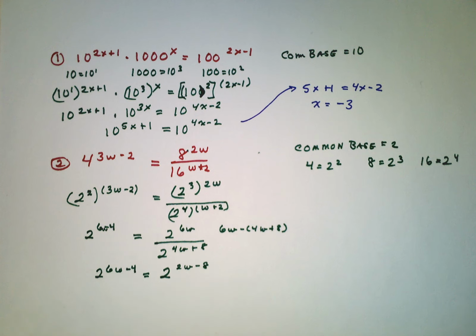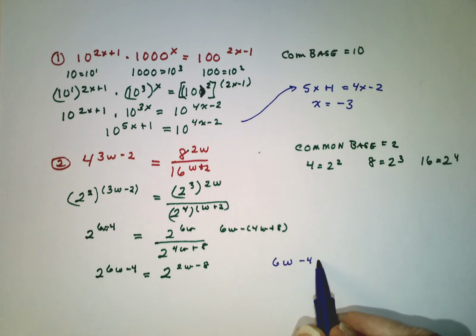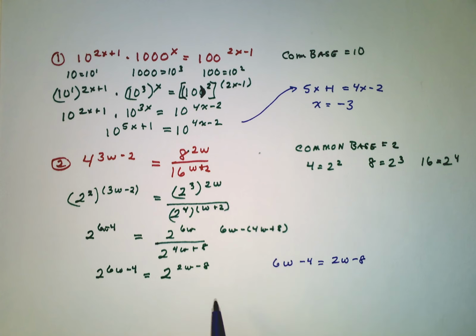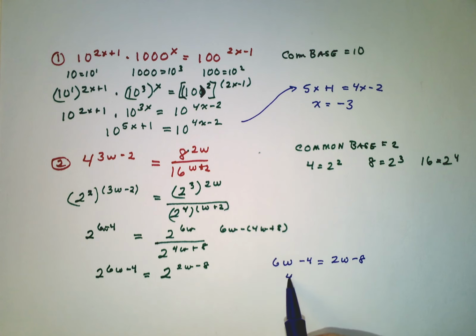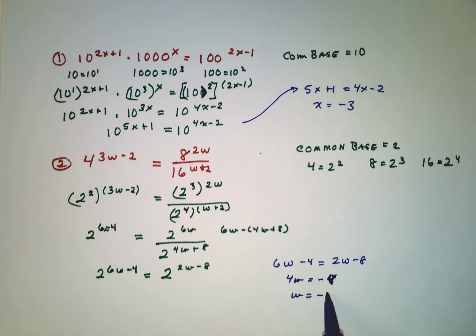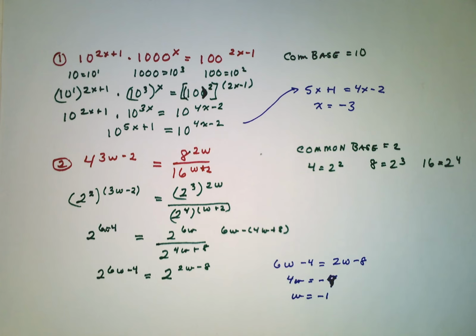And the only way that can happen is if 6w minus 4 equals 2w minus 8. In algebra, we have 4w equals negative 4. So w comes out to be negative 1. And it does check out.